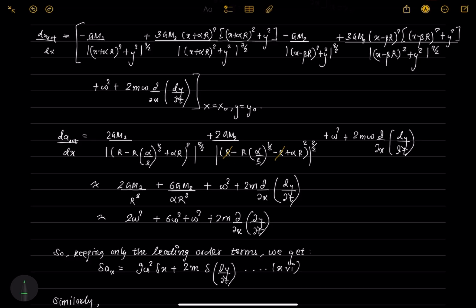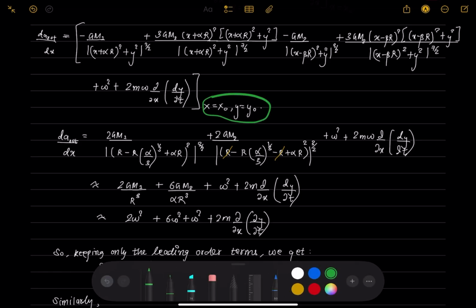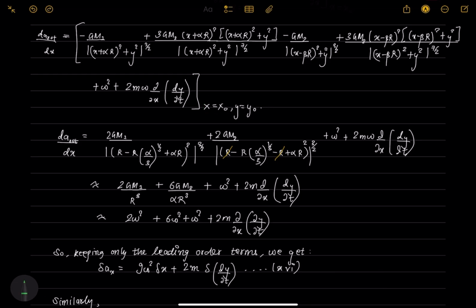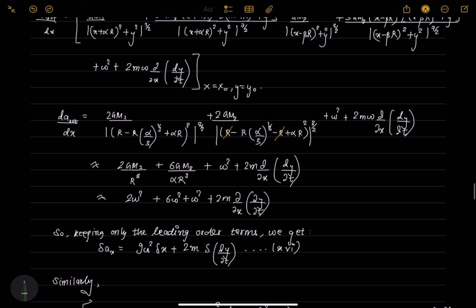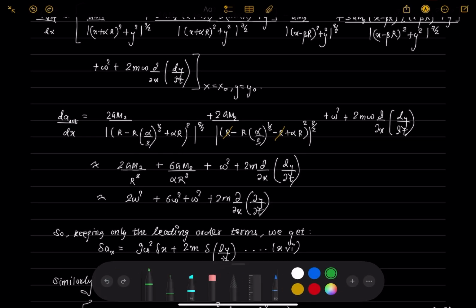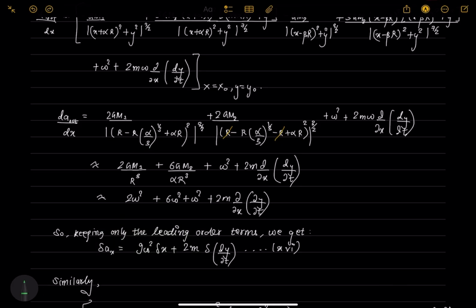So for the x terms, we're expanding near x equals x naught and y equals y naught, right? Y naught is just 0 because this is an on-axis Lagrange point. Notice this denominator in the first term. So alpha is really small, so we can neglect that, right? Compared to this particular term, we're only keeping the leading order terms as asked in the problem itself.